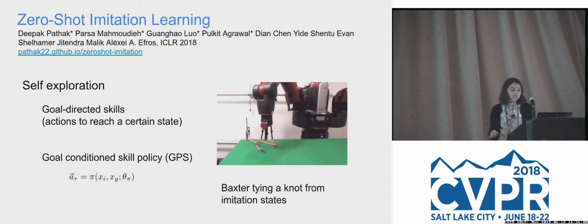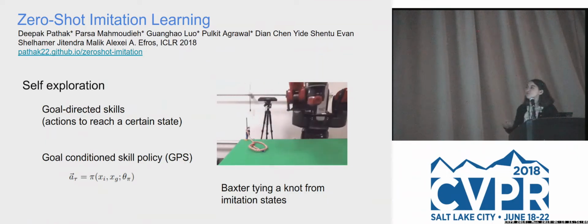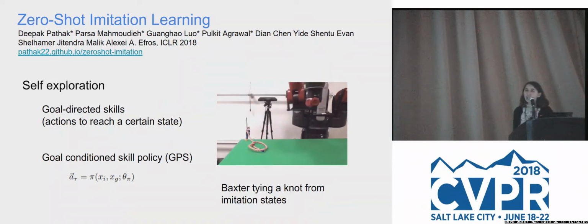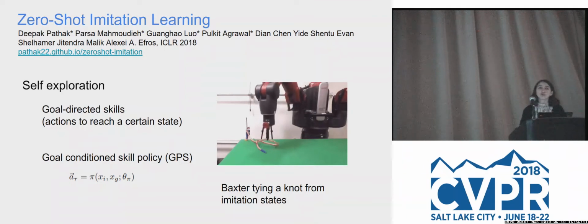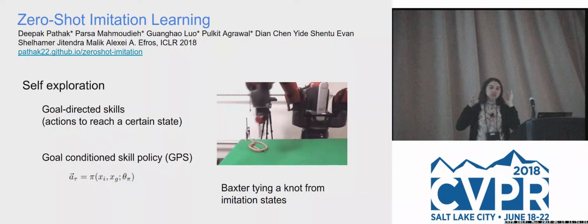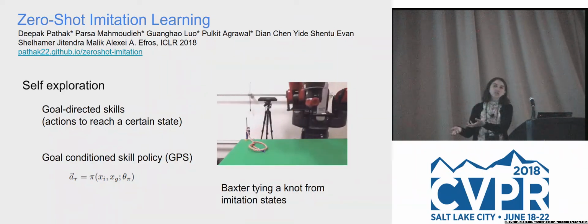So the way they do it, so here the robot is already doing the first step, as you see. They first apply this self-exploration step that's also done in other works. And here the interesting thing is they would learn a different type of policy. So usually a policy would be given the state and observations and an action, what is the next state?